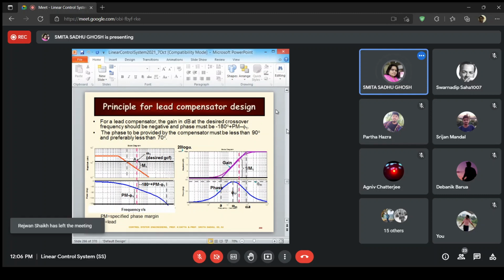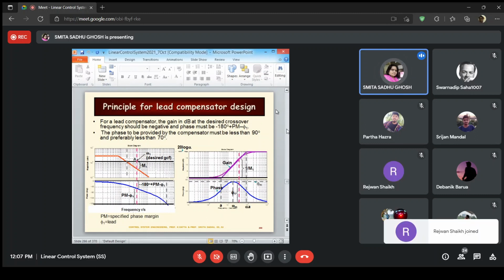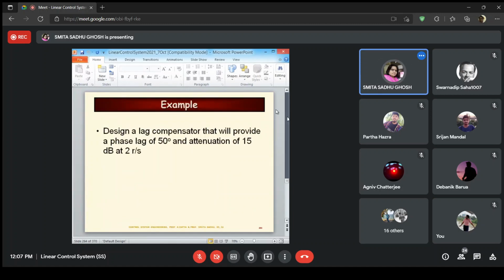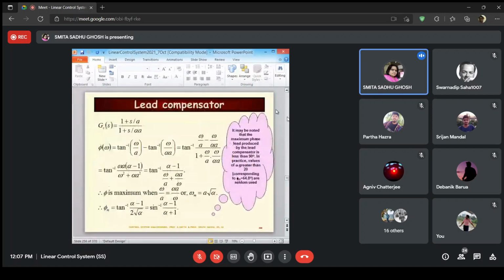If you decide how much phase lead you want, how much magnitude contribution you want from the compensator, and at what frequency you want your compensator to be placed. Similarly, for the lag compensator, how much lag you want and how much magnitude attenuation you want. If those are known in definite terms, from there you can find out the parameters of the compensator. I'll quickly show you the slides, not describe them, of course.